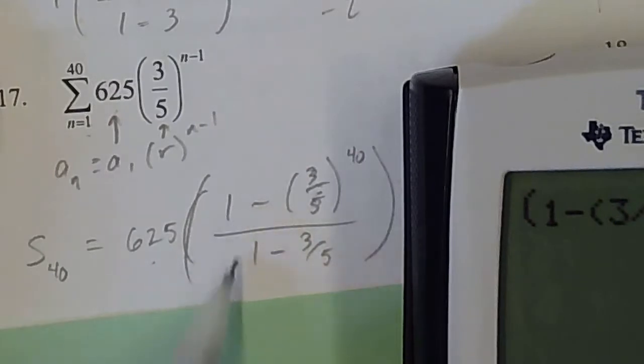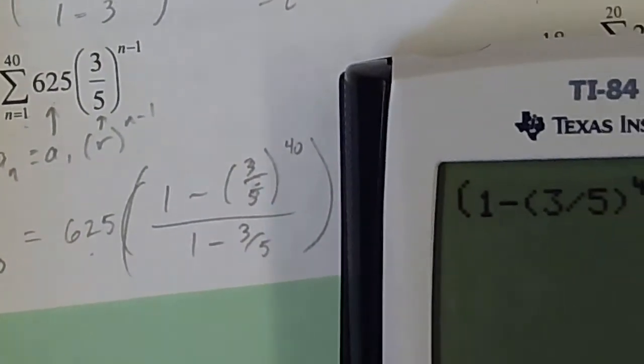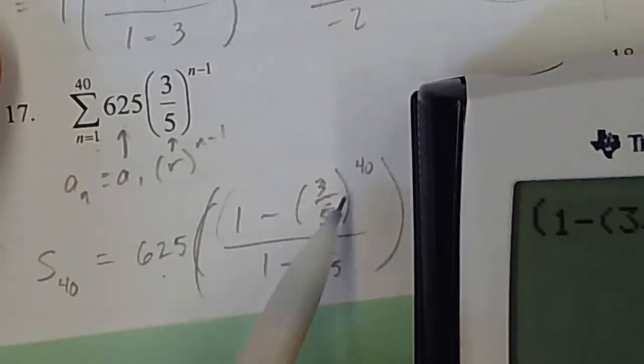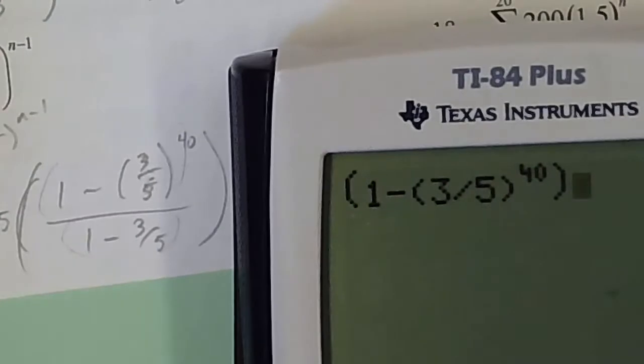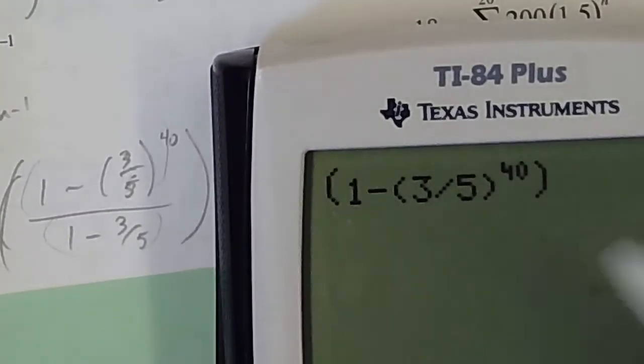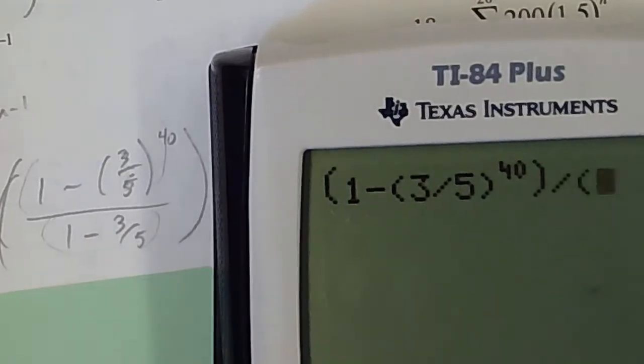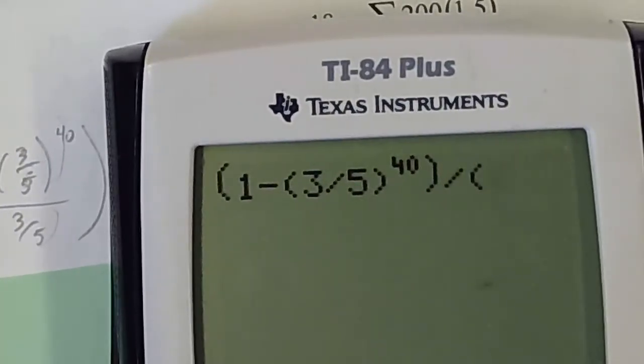I'll show you a way right now to punch in this whole fraction, and then we'll multiply by 625. If I want to break up numerator and denominator, I have to close my numerator and close my denominator separately. So that's what I did here. 1 minus 3/5 to the 40th power, and I have to divide that by the denominator, and I need to close that. And now I can do 1 minus 3/5.